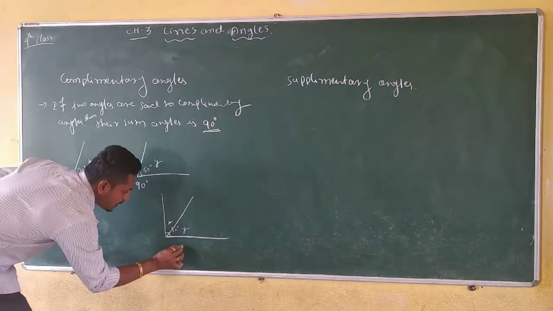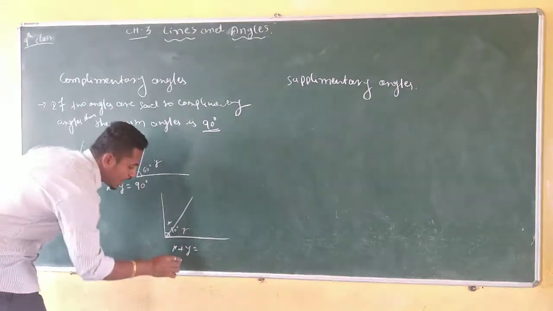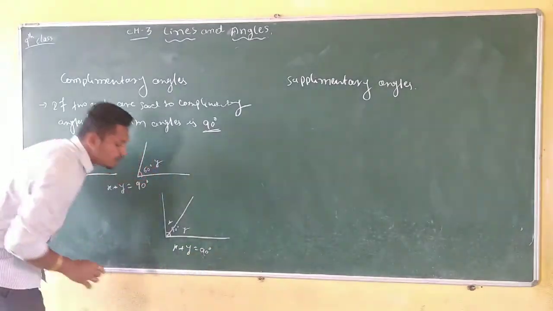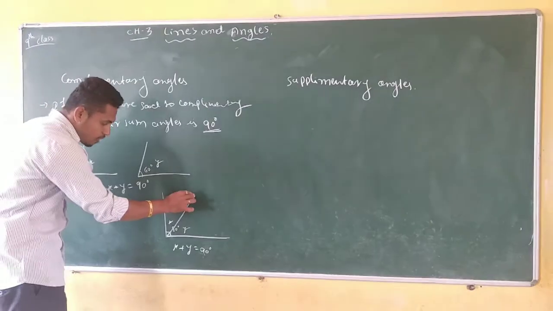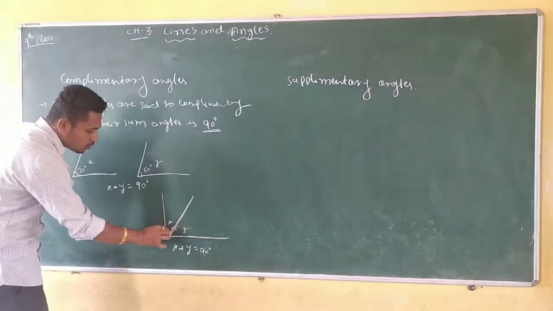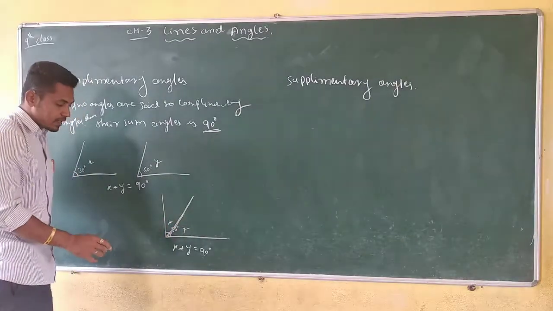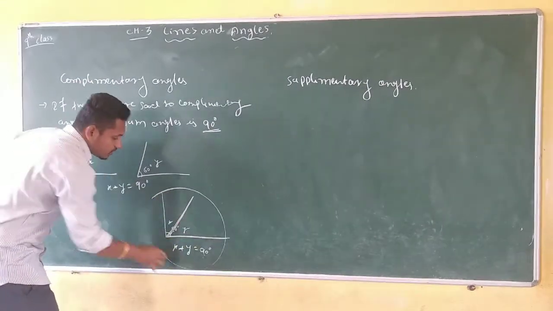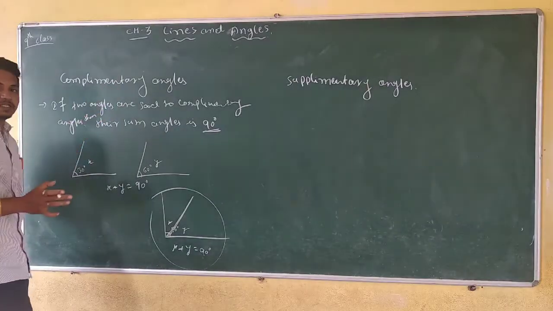So x plus y, the sum of the two angles, is definitely 90 degrees. Why? Because the first angle is 90 degrees and the common arm divides it into two angles. So x plus y is equal to 90 degrees. These two angles are also called complementary angles.